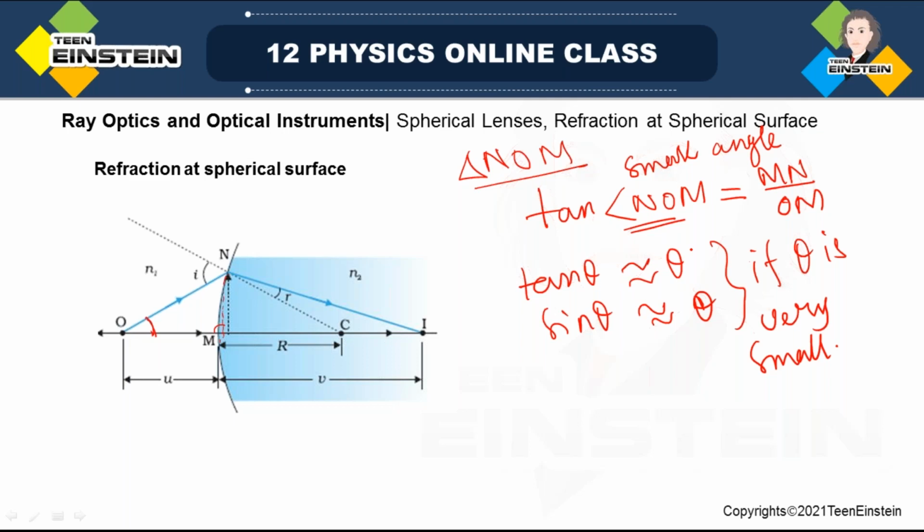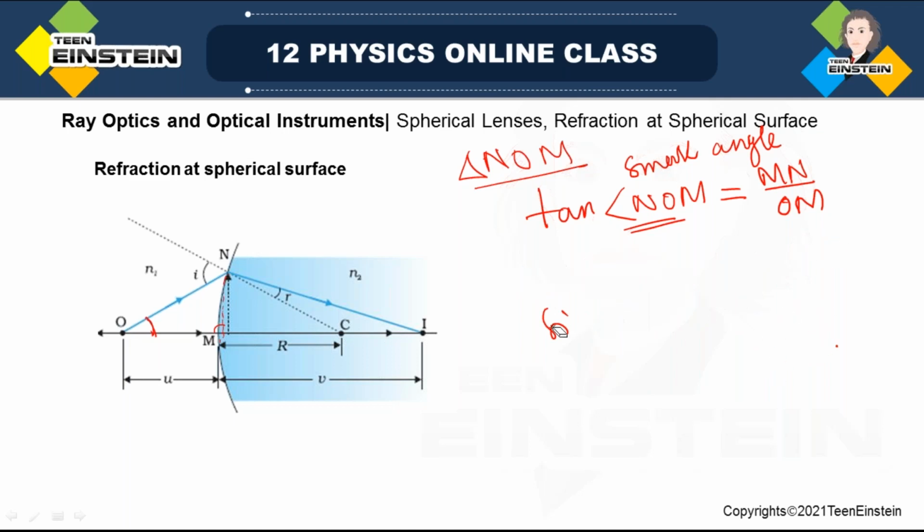So tan of NOM is nearly equal to NOM. That means that particular angle is equal to MN by OM. NOM simply can be written as MN by OM, if we require.